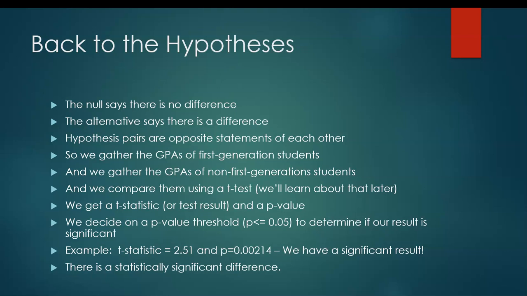However, if our p-value was too high, then we'd throw the whole thing away because we couldn't believe it. But in this particular case, with a t-statistic of 2.51 and a p-value of 0.00214, well below our threshold, we have a significant result. So there is a statistically significant difference between those two groups.